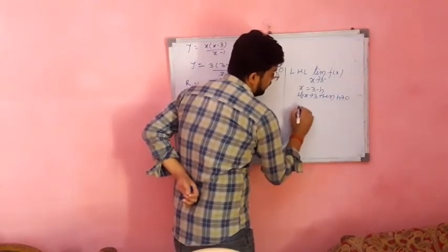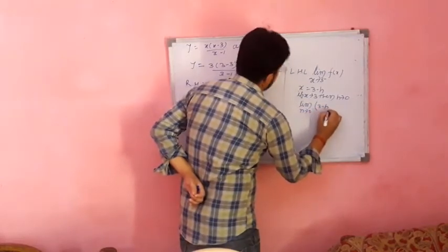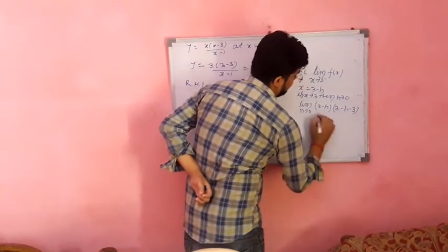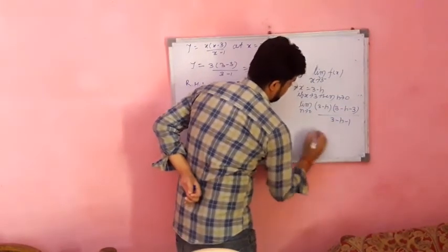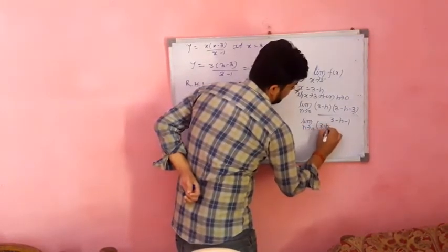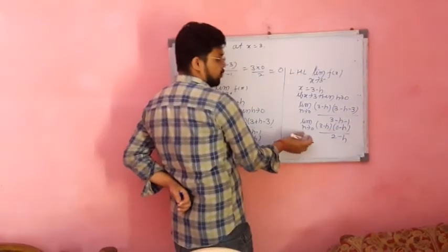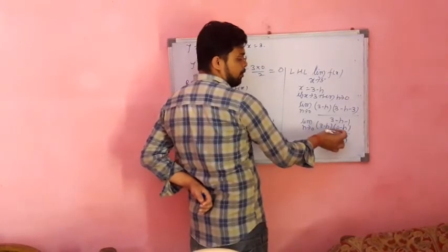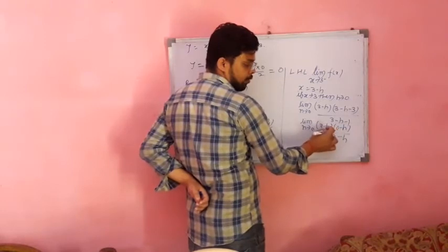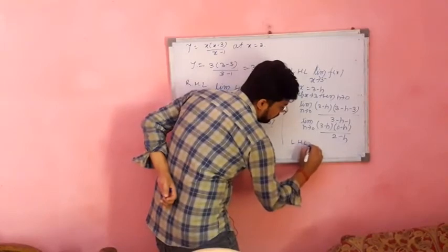So in the end I will write limit h tends to 0, 3 minus h into 3 minus h minus 3 upon 3 minus h minus 1. Limit h tends to 0, 3 minus h into 0 minus h upon 2 minus h. Here h tends to 0 means I will put h is equal to 0. So this value will become 0, and when this value is multiplied by this value, in the end we get 0. So I get LHL is equal to 0.